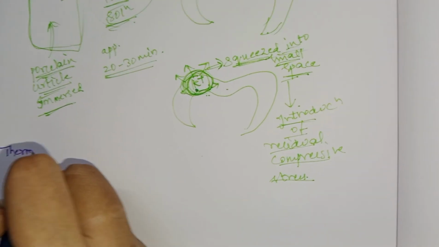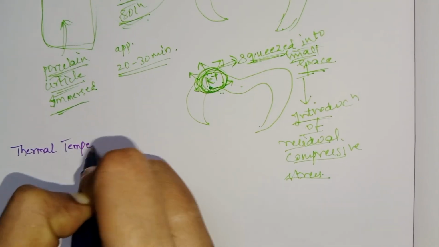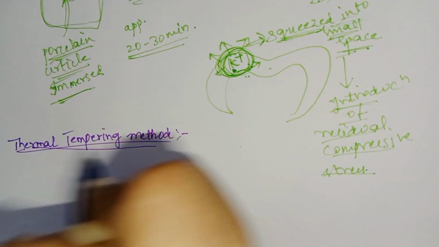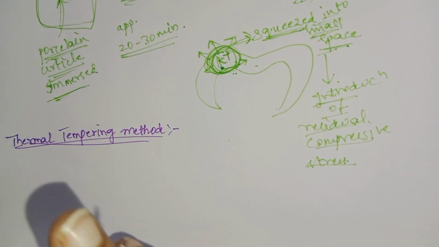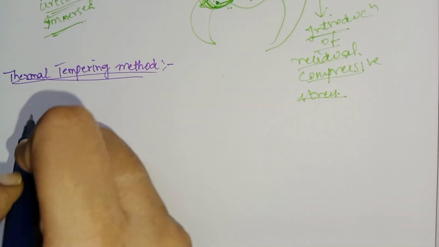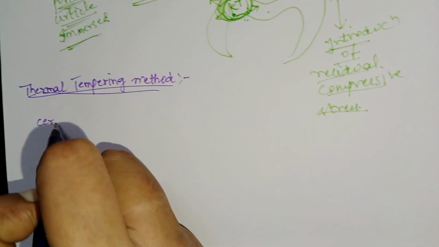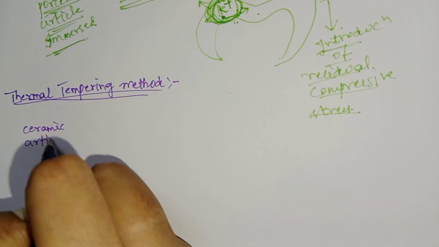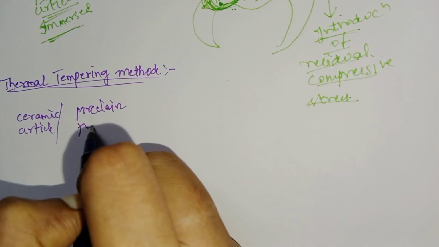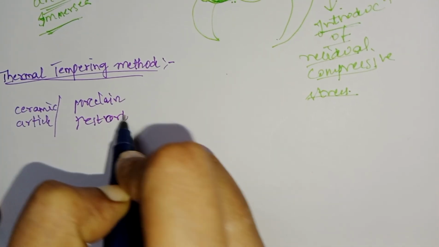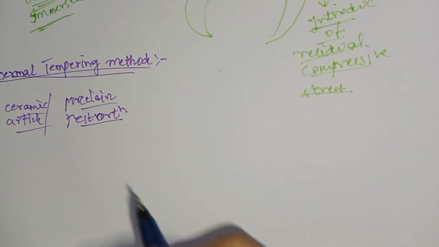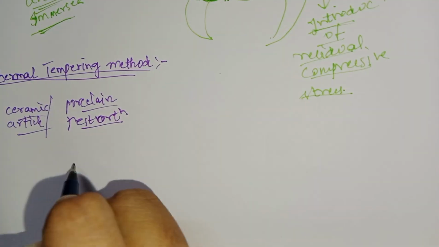Thermal tempering method. In this method, the ceramic article or the porcelain restoration is rapidly cooled by placing it in cool water.